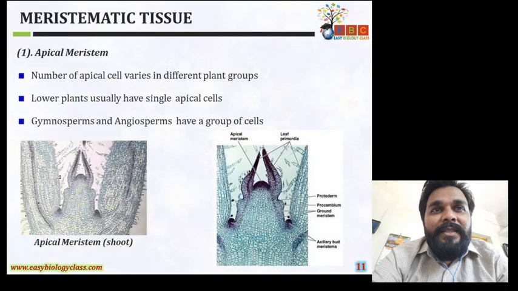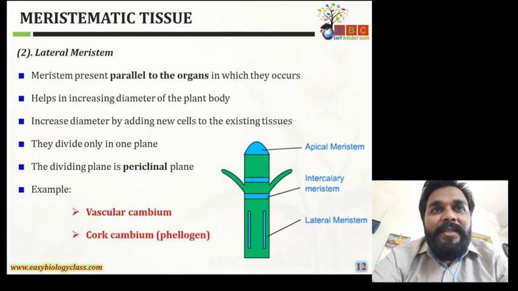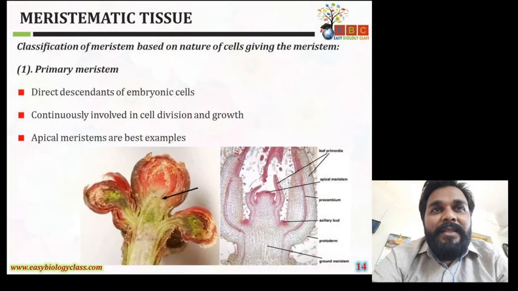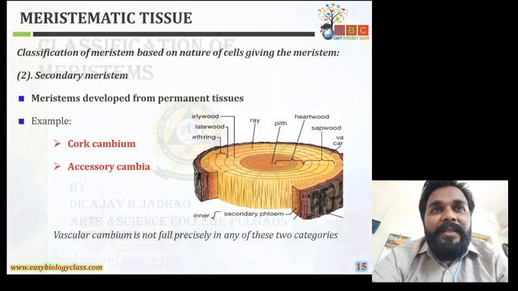Then these are the apical meristem, the lateral meristem, and the intercalary meristems. Okay, then classification on the basis of the nature of the cells giving rise to meristem: primary meristem and secondary meristem.